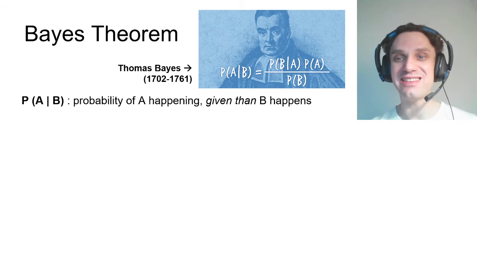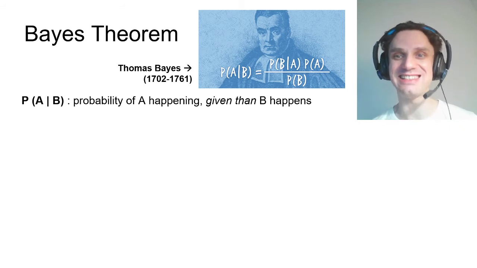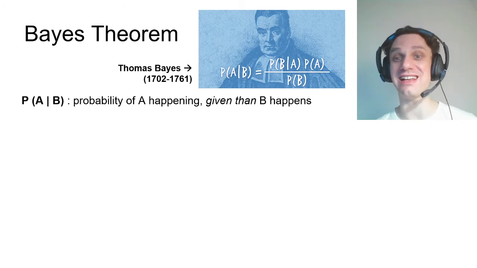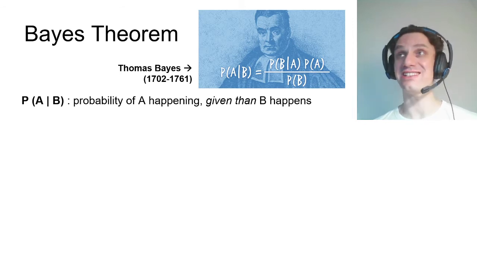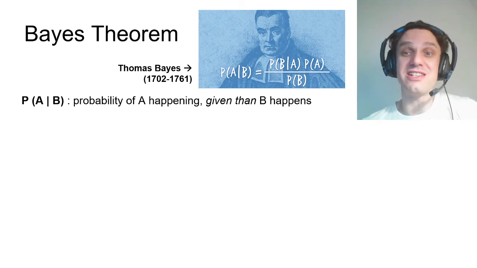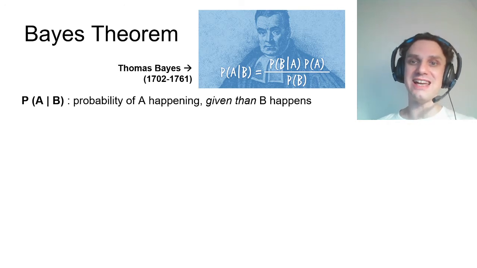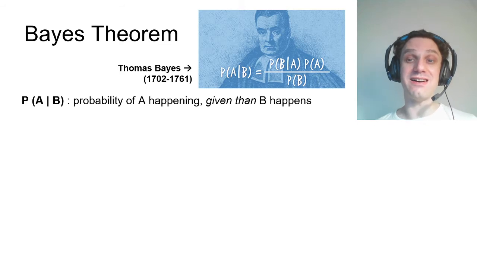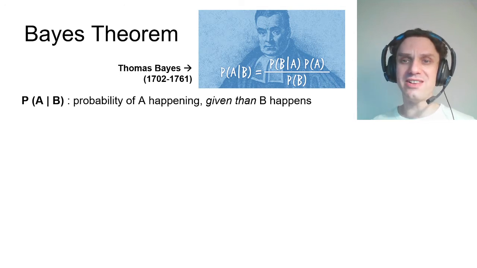Because it was created by Reverend Thomas Bayes, who was a priest in the Anglican Church in the 18th century, and he was also interested in mathematics. He was a member of the Royal Society, and he proved some interesting theorems, including the Bayes theorem, the main theorem which allows us to calculate conditional probabilities of different events.